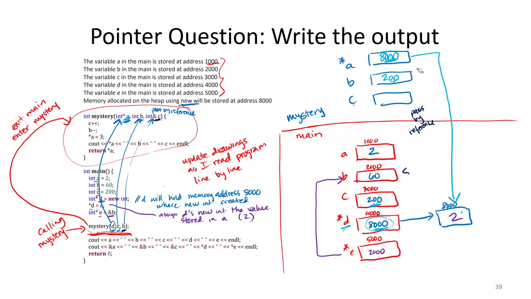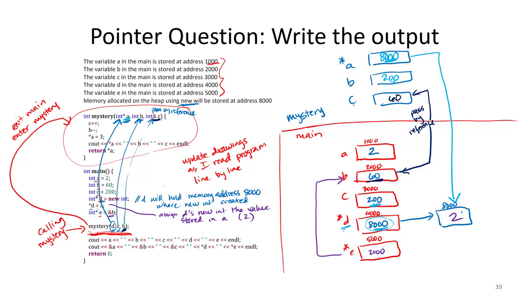Oops, and I drew the arrow incorrectly. Notice I'm plugging in my variable b in main into mystery as variable c.